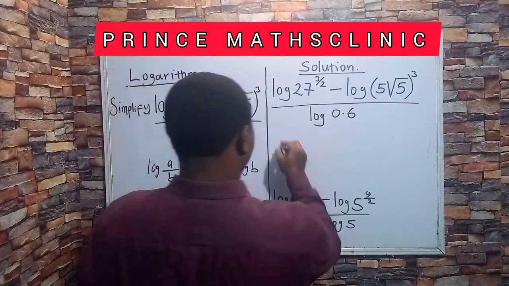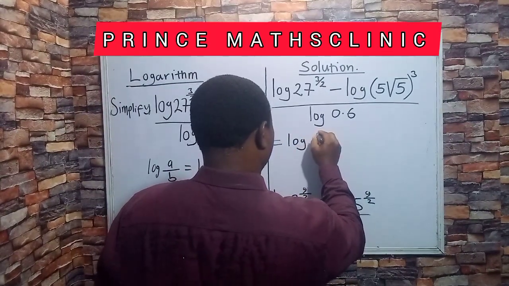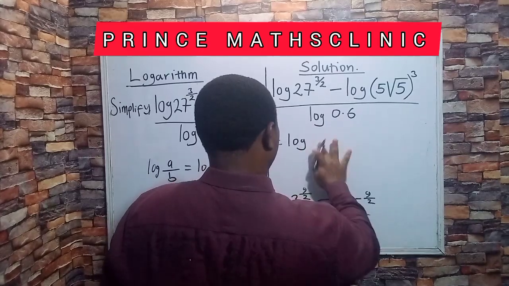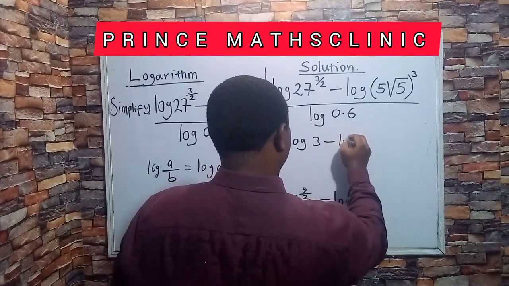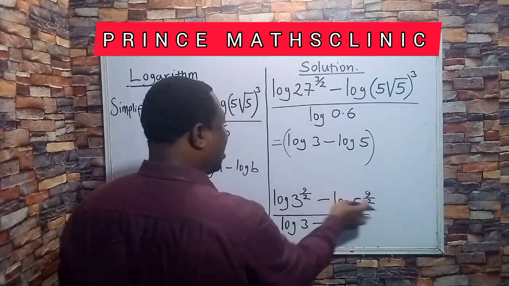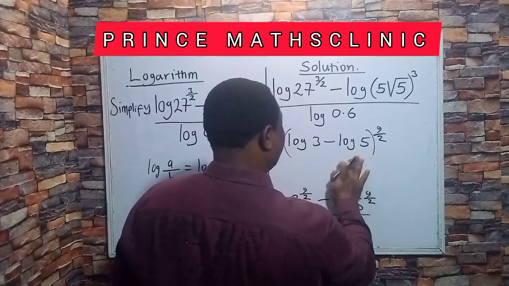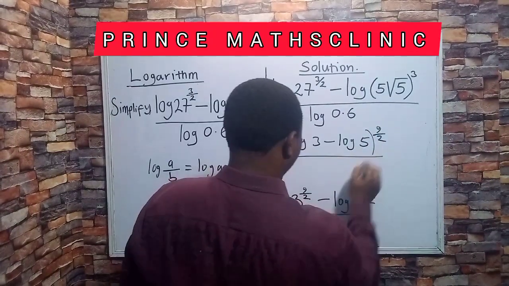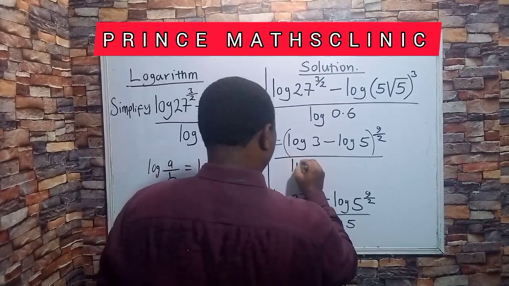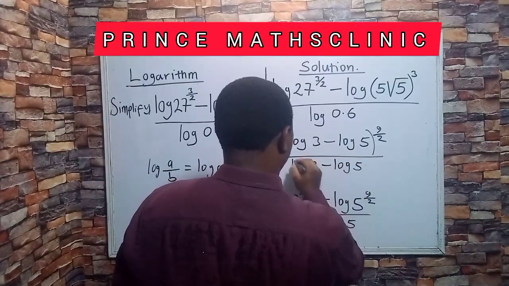Now since both of them carry the power of 9 over 2, I'll bring 9 over 2 here, then divided by, then I have log of 3 minus log 5.